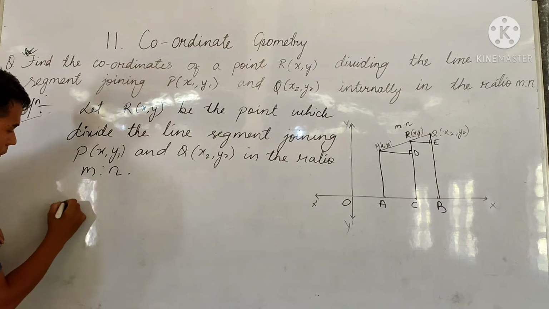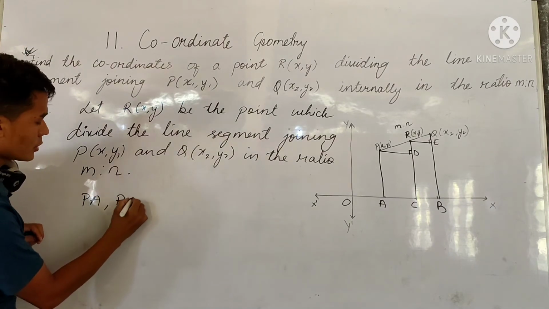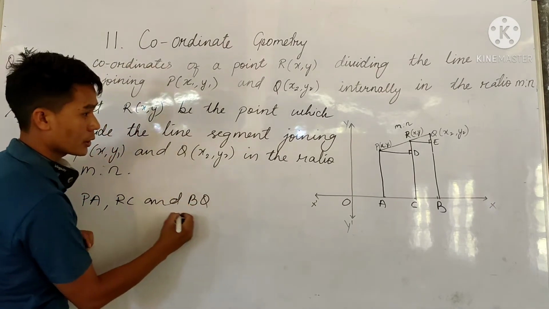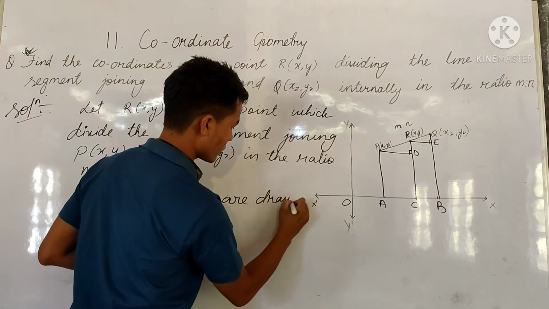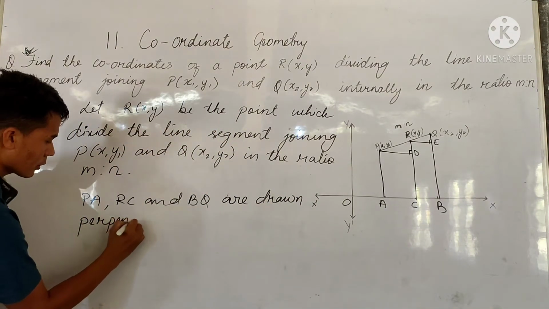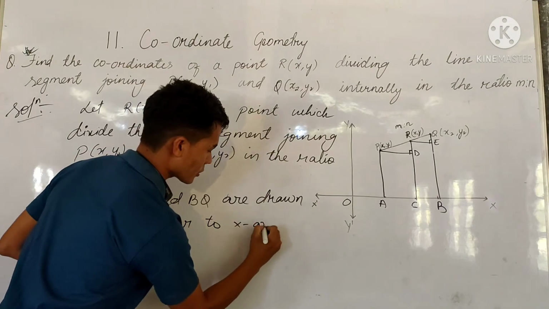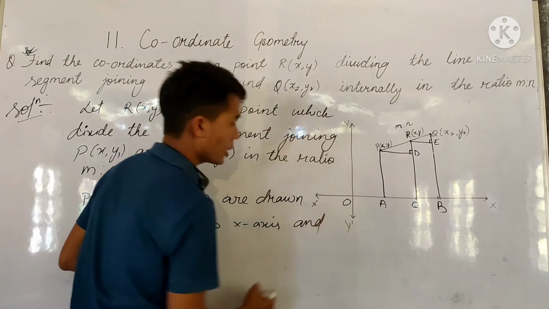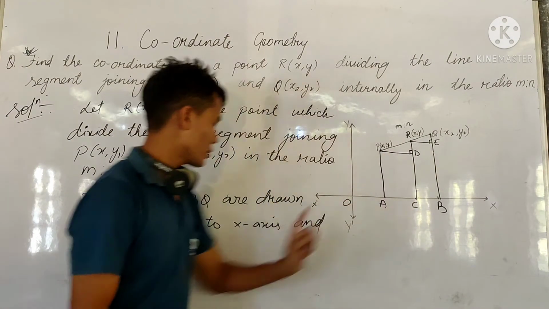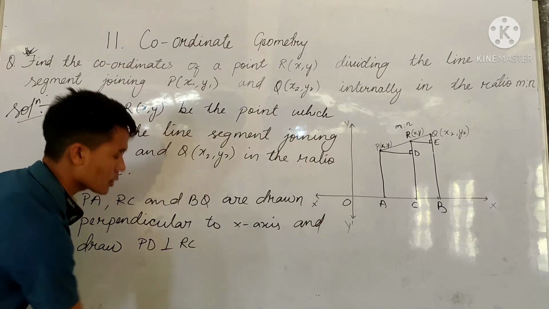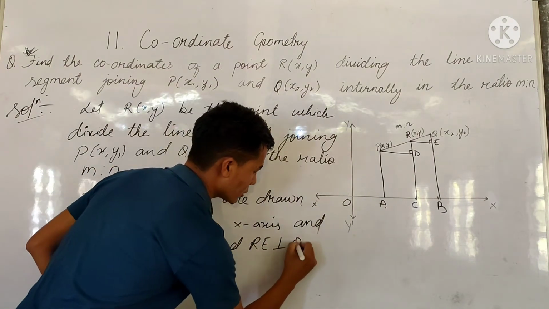So we write: draw PA, RC and BQ perpendicular to the x-axis at the same time, and also draw PD perpendicular to RC, and RE perpendicular to QB.